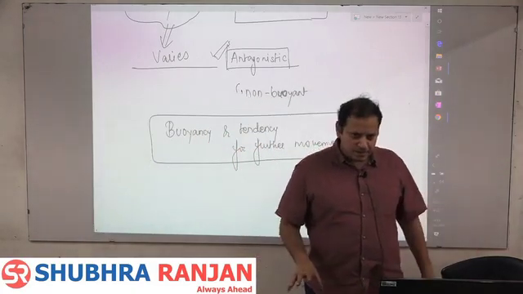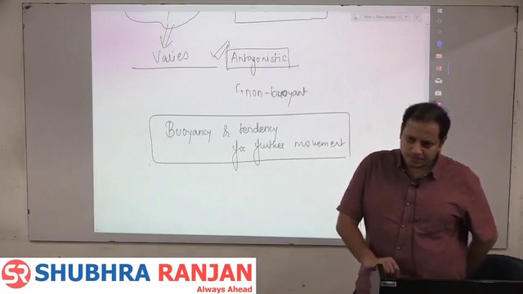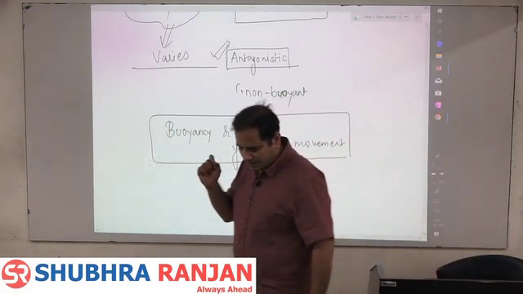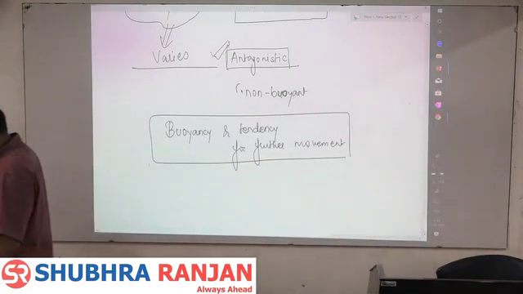Understood? Stability and instability. Air is said to be unstable.